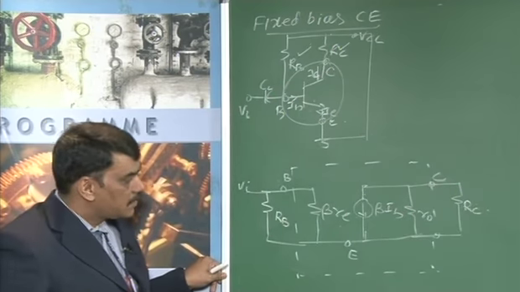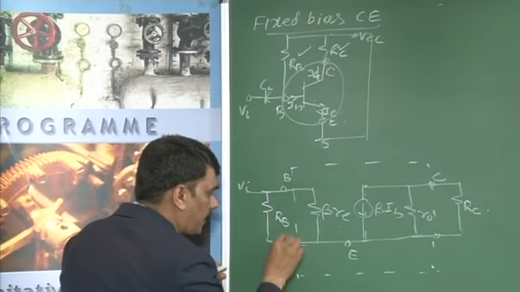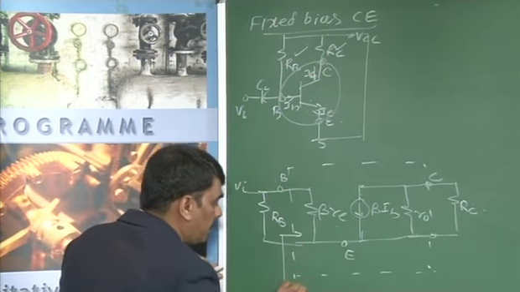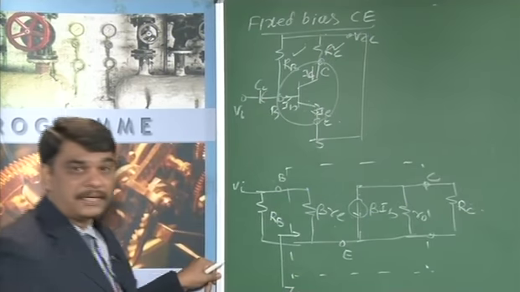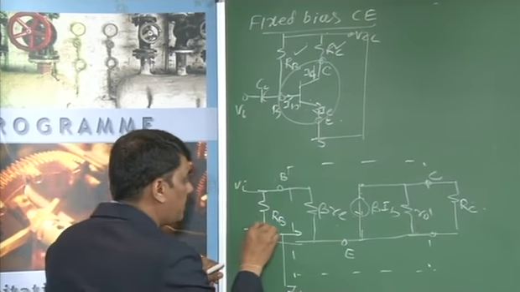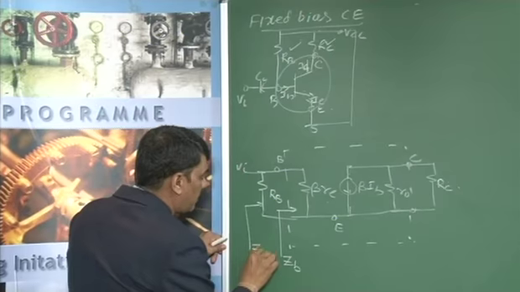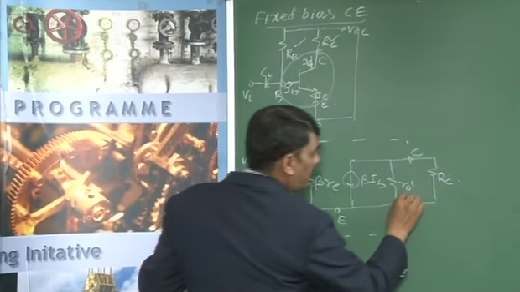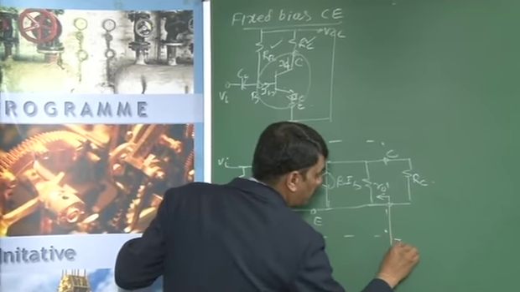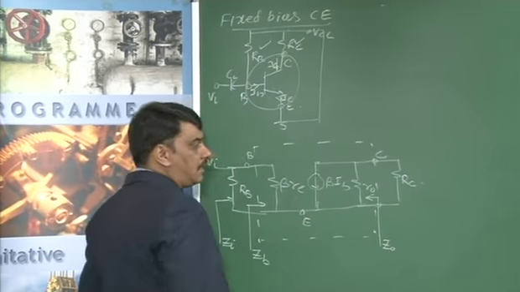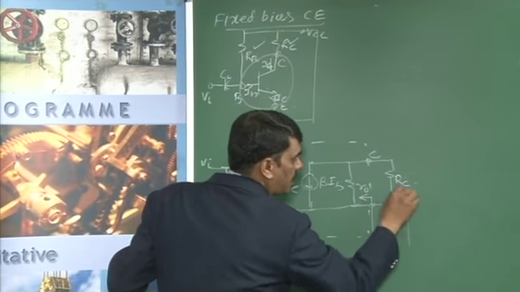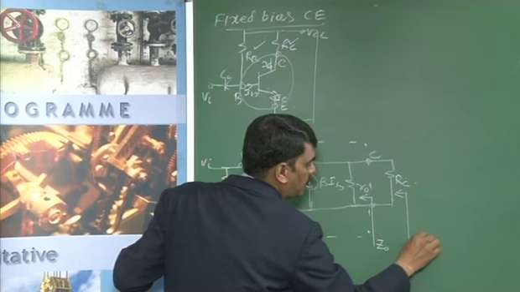Looking into the base, we defined ZB, and looking into the transistor is Zi. Looking at the output we defined Z0, and if you include the output resistance RC, it is denoted Z0 dash.